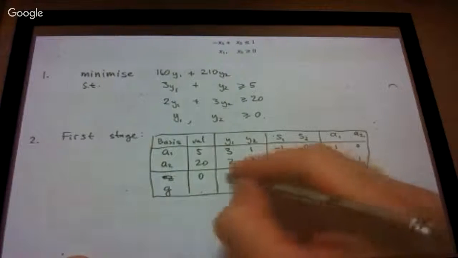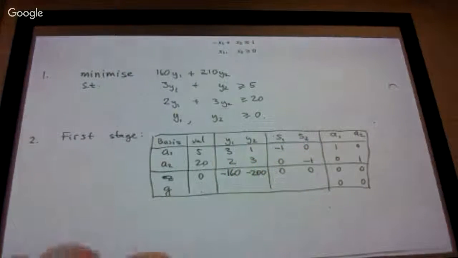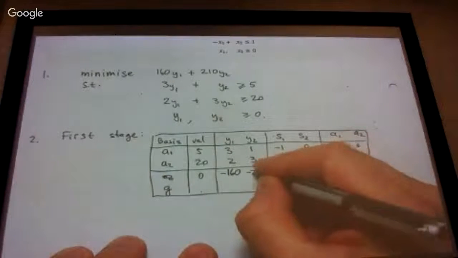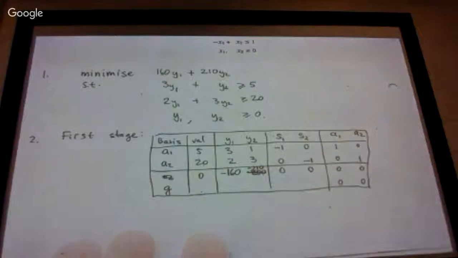The objective is 160, 200. The Z objective, and the artificial objective is minus 210 there. It's starting to be unreadable, isn't it?